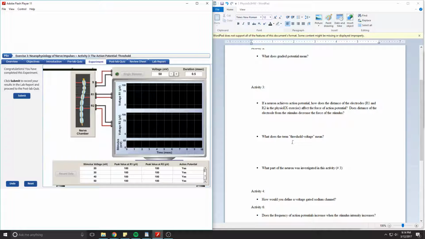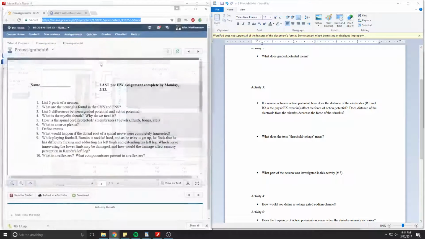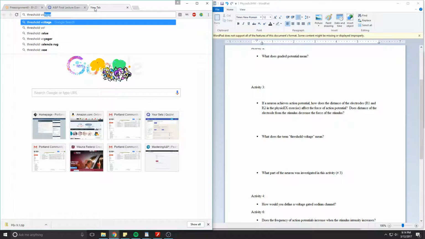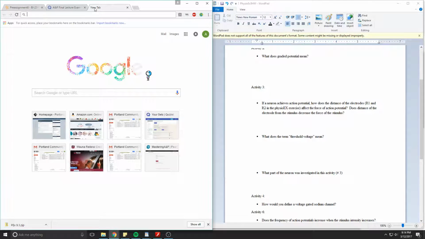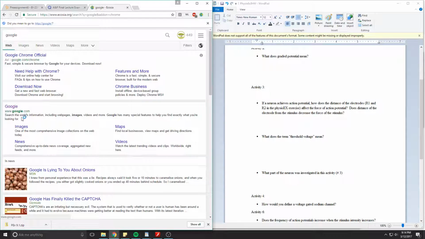Okay, part of the problem is I don't know what threshold voltage means, which is actually one of the questions, which is slightly ironic. So let's look that up. Threshold voltage. Well, okay, I have to go to Google first because I have a weird extension.